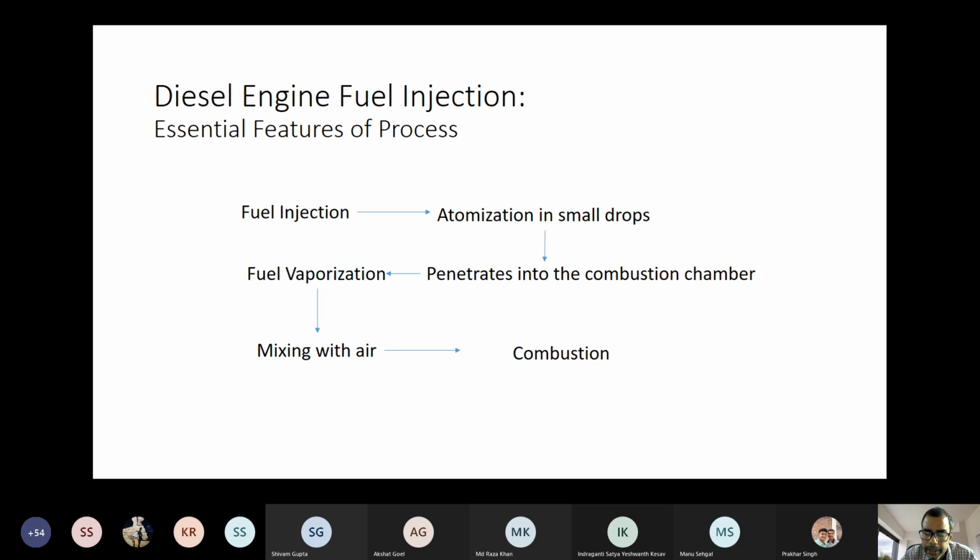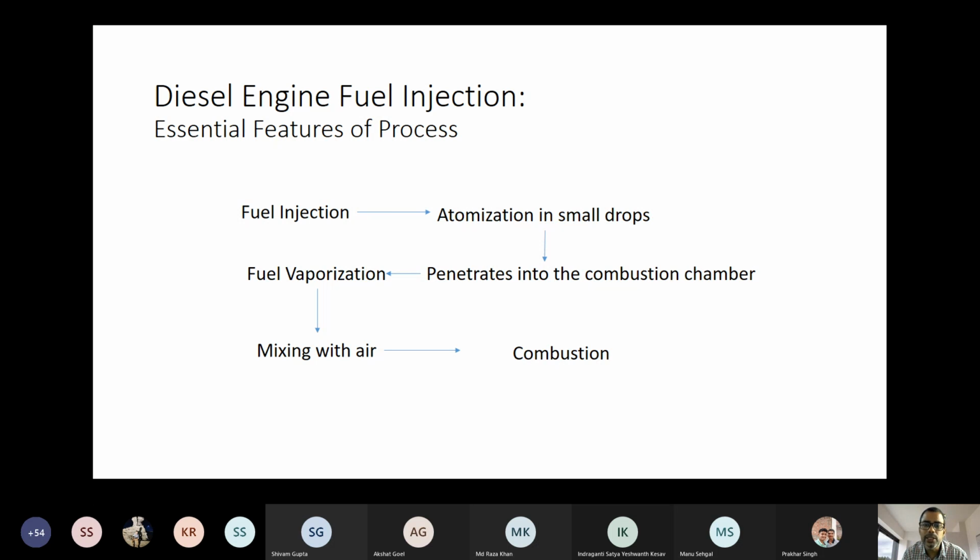So towards the end of the compression stroke, depending upon when you are injecting the fuel, you are going to encounter a back pressure of around 35 bar to 45 bar, or even more than that, because the combustion is also going to start while the fuel is still coming in, so the combustion pressure is also going to be added.